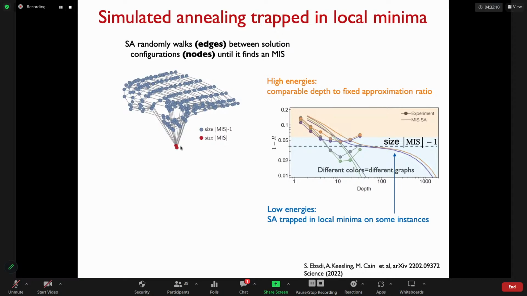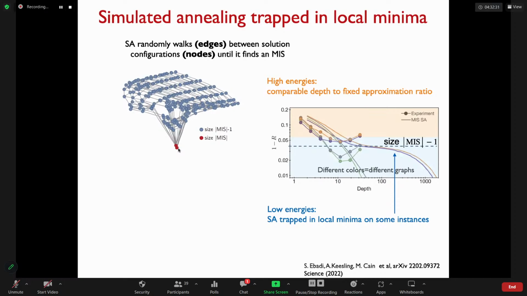What happens is that the classical algorithm ends up doing a random walk on this graph, gets stuck in these approximate local minima, and has a hard time finding the actual solution.